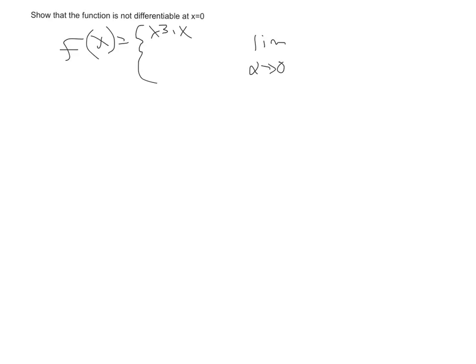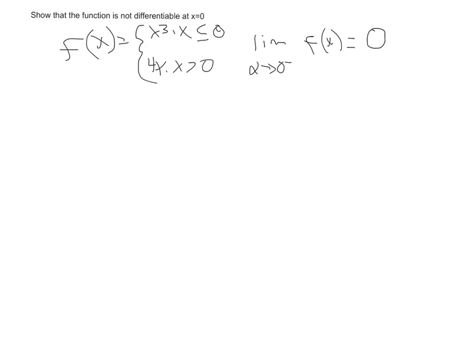So I've got the limit as x approaches 0 from the left of x cubed minus the function value 0 all over x minus 0, which gives me the limit as x approaches 0 from the left of x squared, which gives me 0.